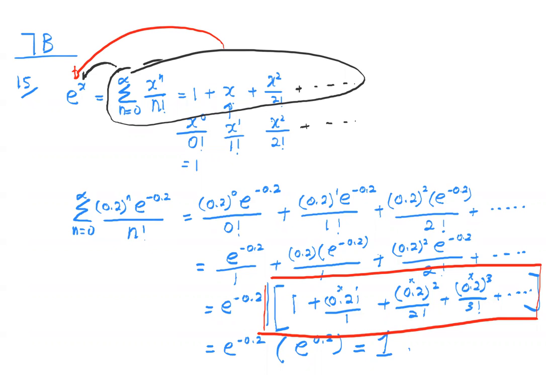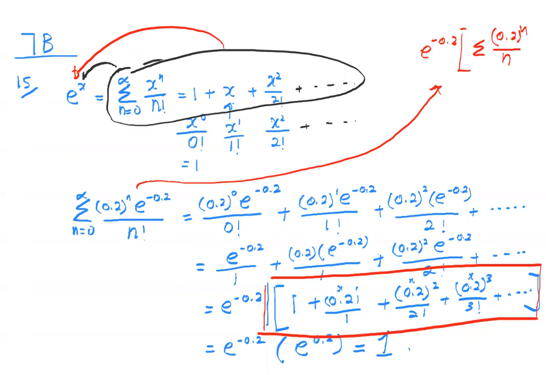But actually what I can do here is, because e to the power of negative 0.2 is a constant, I can take it out. Then I write the sum of 0.2 to the power of n over n factorial, n equal to 0 to infinity. So this is the same as this one.